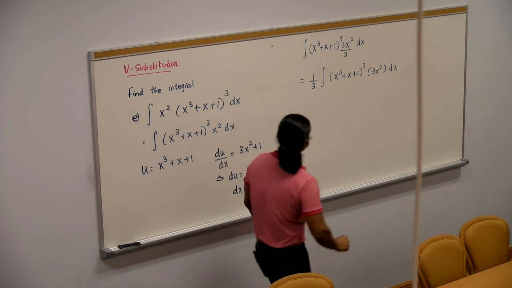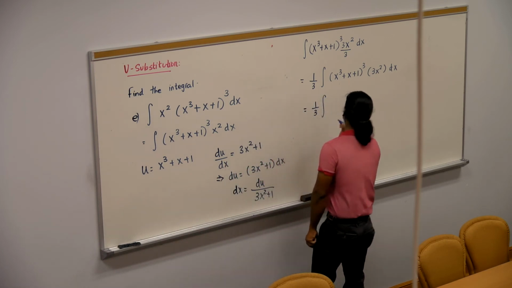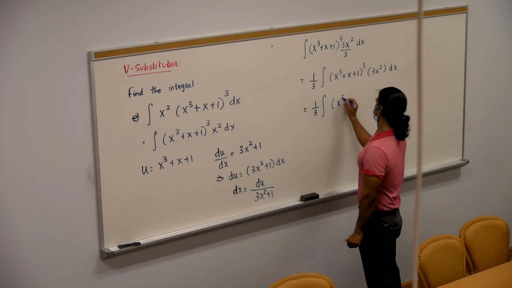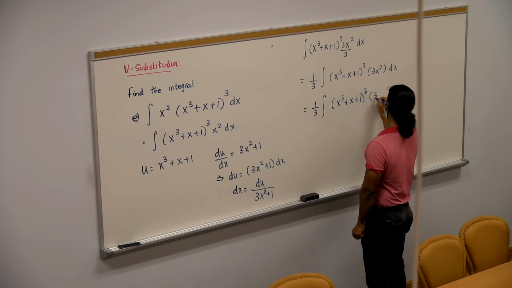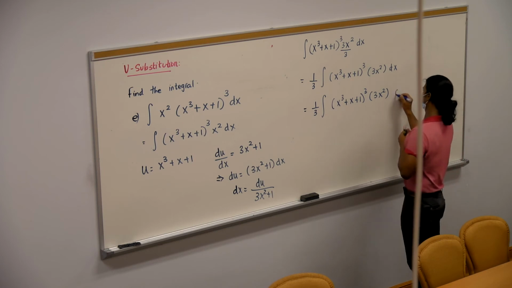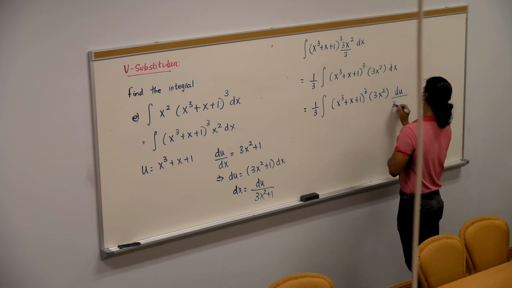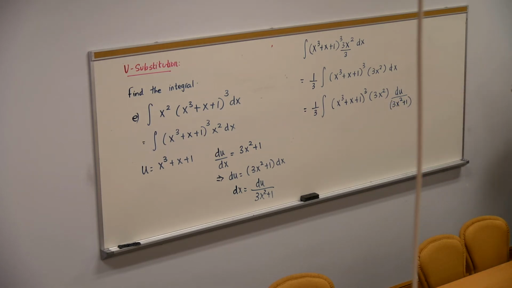Now that would be x cubed plus x plus 1 cubed times 3x squared. If you replace, you will get du over 3x squared plus 1. It still hasn't helped much. So we've got to do another trick here.